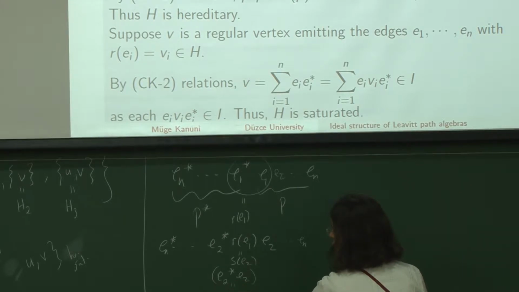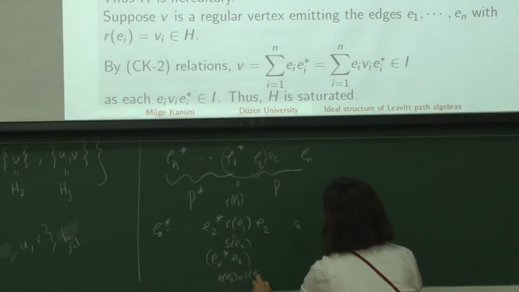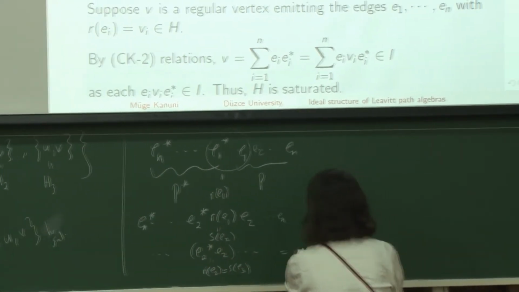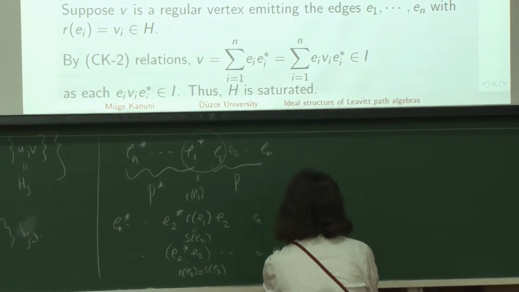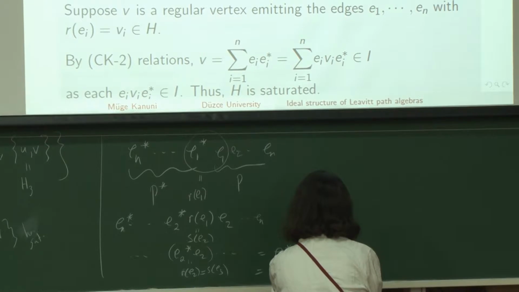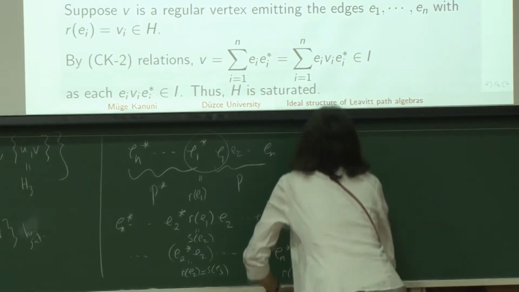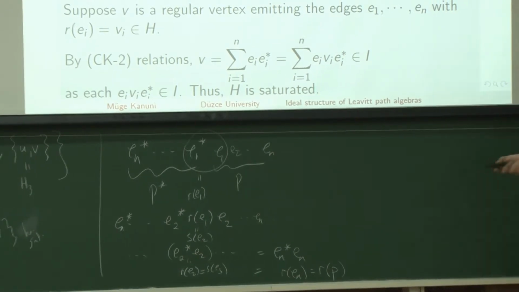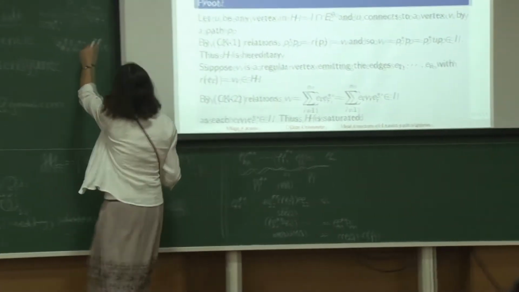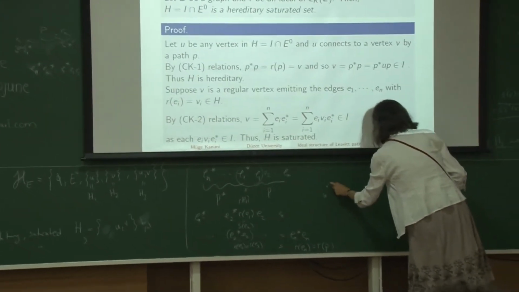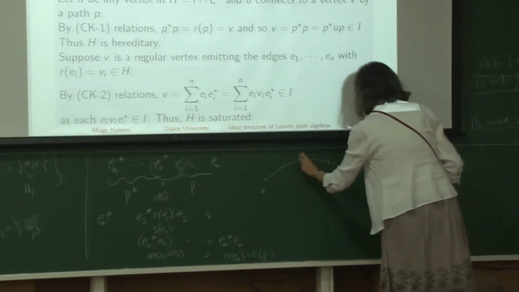This one gives you the range of E2, which is the source of E3, so that cancels out. In a similar manner, finally you get the range of En, which is a vertex, and that's exactly the vertex we write here. This was my original graph.